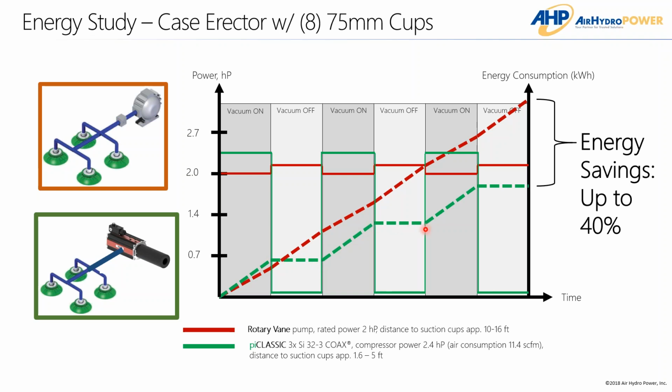Okay, now I'm back on, off, back on, off. Over time, you can see that there's a potential for large savings. In this case study, it was about a 40% energy savings. So that's just one little example of how even within centralized systems, there are ways to gain efficiencies by updating or upgrading your vacuum pump source.